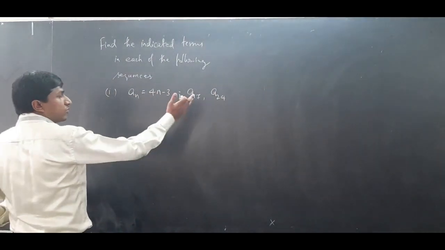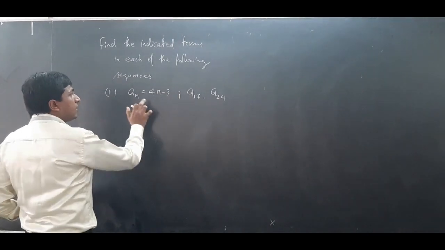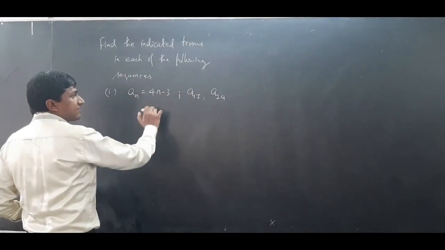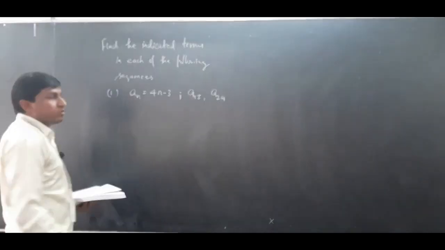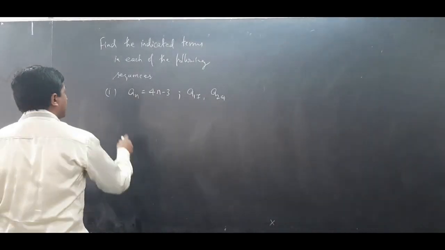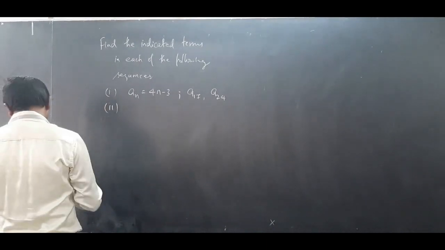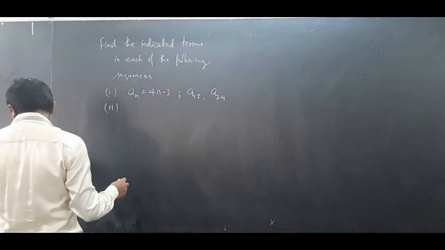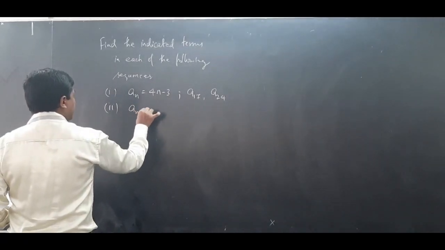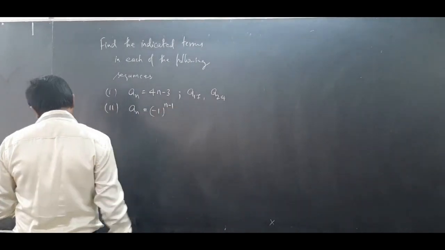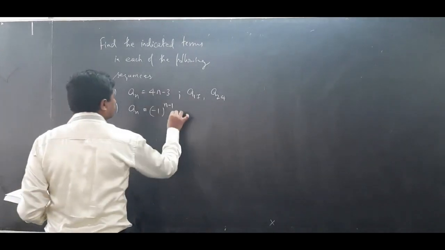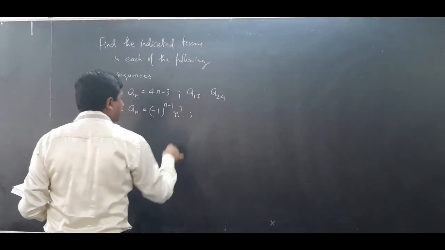Okay. All you have to do is just like the previous problem, substitute n equals 17 so that you get the 17th term, n equals 24 so that you get the 24th term. Then another problem, you try this, an equals minus 1 whole power n minus 1 into n cube.